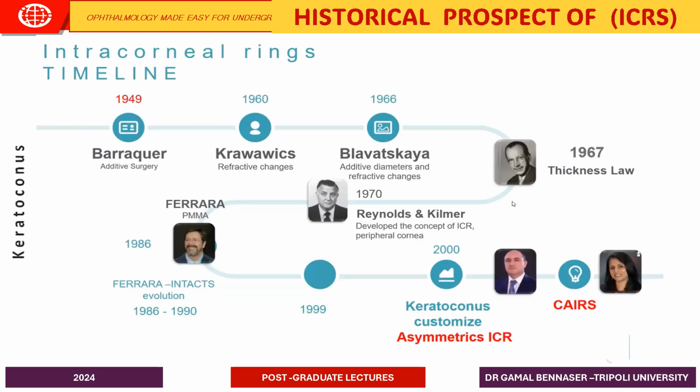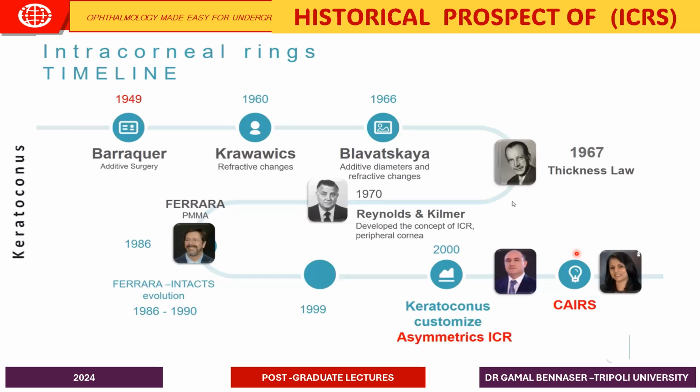The use of intracorneal ring segments dates back to 1949 by Dr. Barraquer, and after that it underwent a huge upgrade and new generations. As you can see from this timeline, many doctors contributed to the upgrades and innovations in this technology, with huge advancement seen in the last 10 years with the emergence of the asymmetric intracorneal rings, and also the use of CAIRS, the allogenic graft by Soosan Jacob.